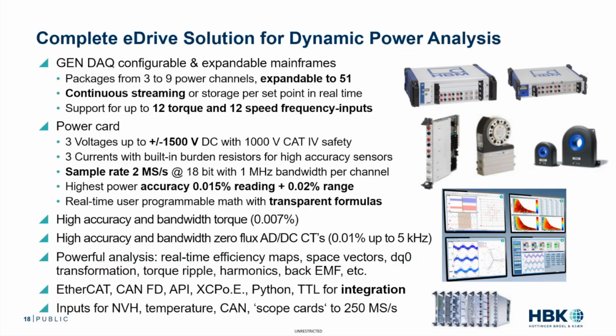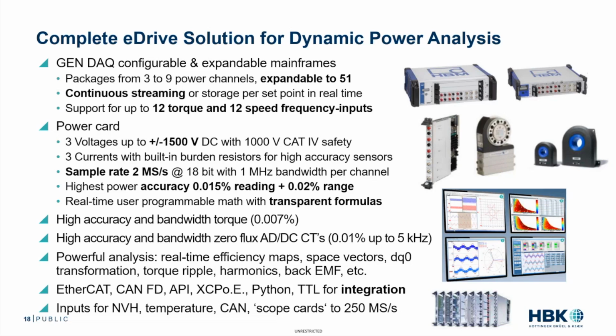But the important thing is that you want to save time and money, and so recording the data so that you can review it in further detail later on without having to do the test again, because lab time is very expensive and time consuming. You want to be able to continuously stream the data in most cases for a continuous measurement, or even store the per set point data in real time.